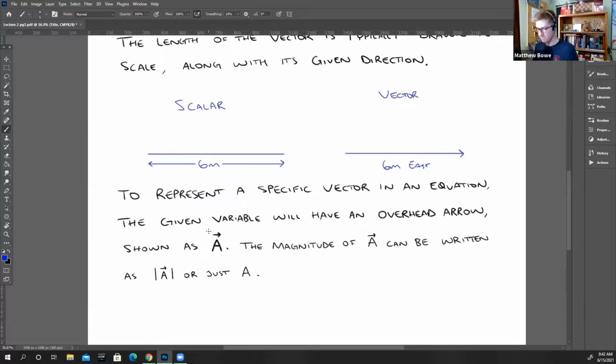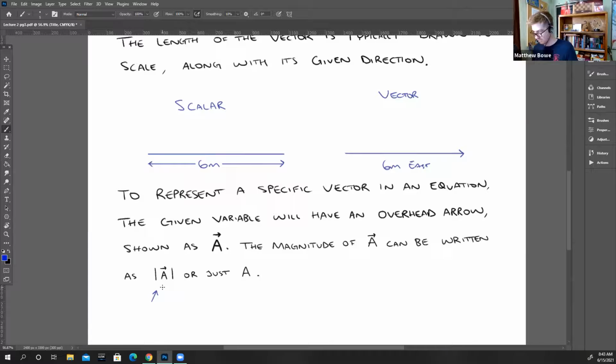Maybe they give you a vector and you want to find, for some reason, maybe you have the pieces for the vector and you want to find the size of it. The magnitude of vector A can be written as this. There are these absolute value signs around it.